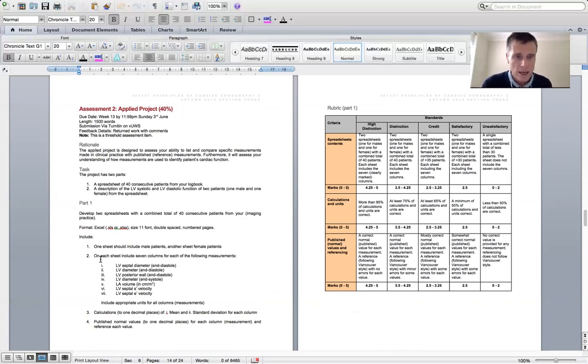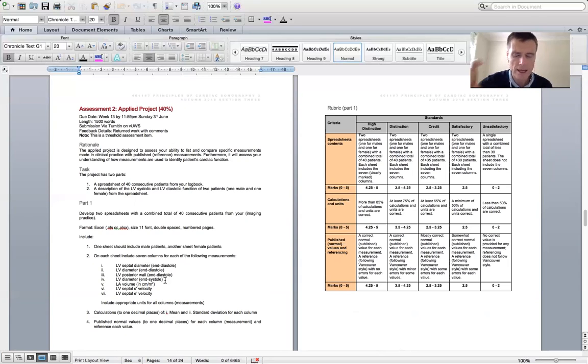And then include 7 columns with the following measurements for each patient. Okay, so left ventricular septal diameter, left ventricular diameter, left ventricular posterior wall diameter, and left ventricular diameter end systole.